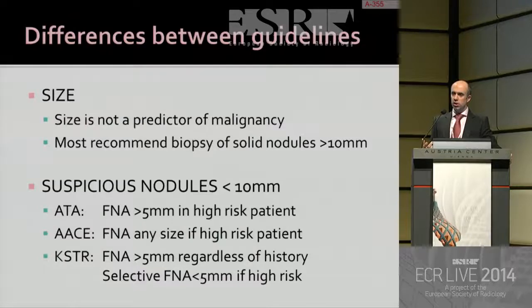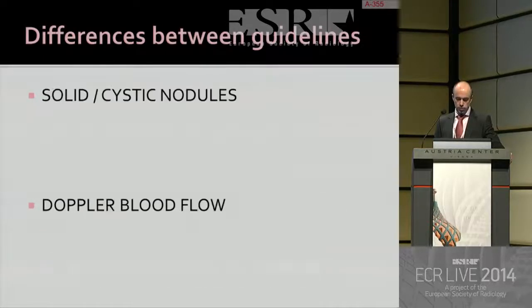American Association of Clinical Endocrinology, FNA any suspicious nodule less than 10 millimetres if there's a high-risk history. The Koreans, even more. They want to FNA any suspicious nodule greater than 5 millimetres regardless of the clinical history, and selective use of FNA on smaller microcarcinomas less than 5 millimetres, depending on high-risk clinical history and operator experience.